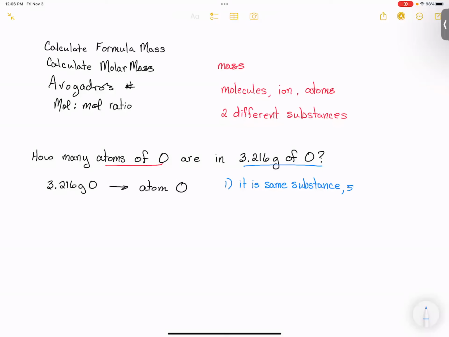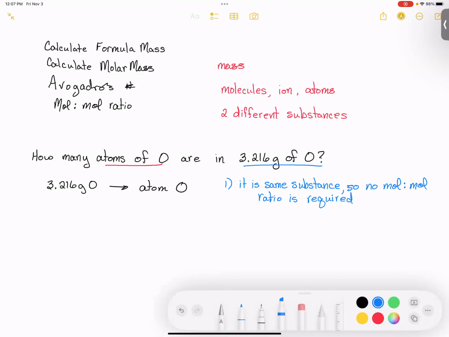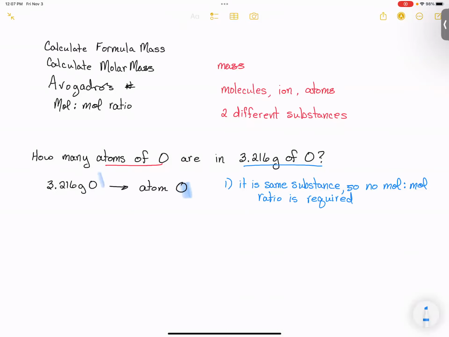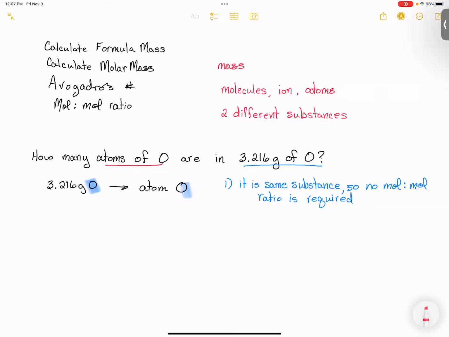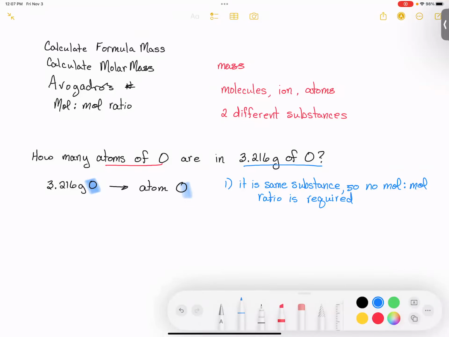So no mole-to-mole is required. The second thing we did is we would look at the starting unit.